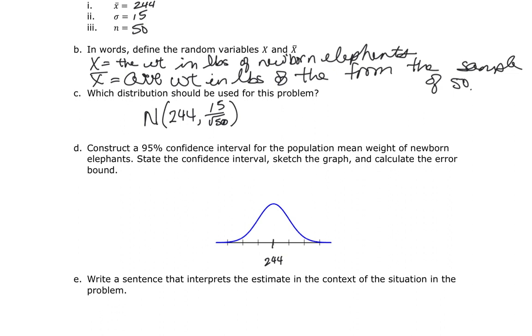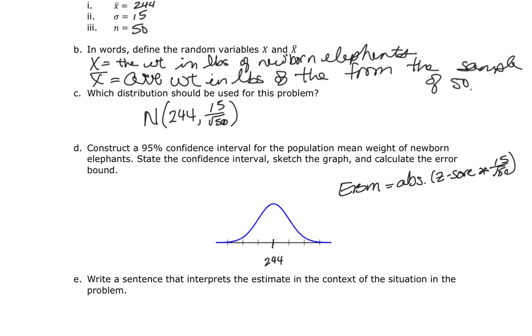My EBM is going to be the absolute value of my Z-score, which we'll calculate, multiplied by my sigma, which is 15, divided by the square root of my n, which is 50.